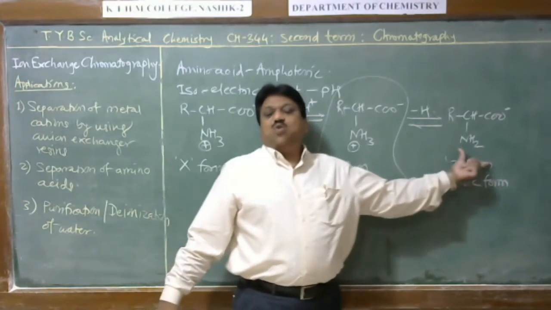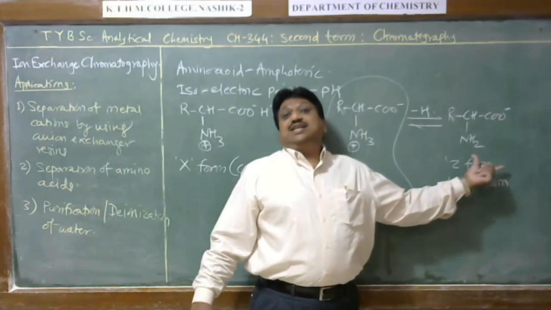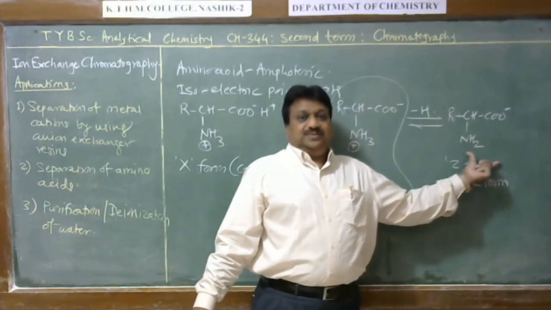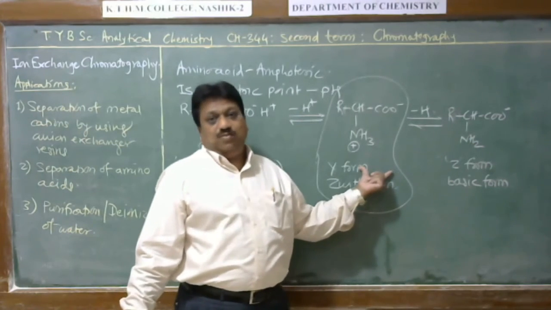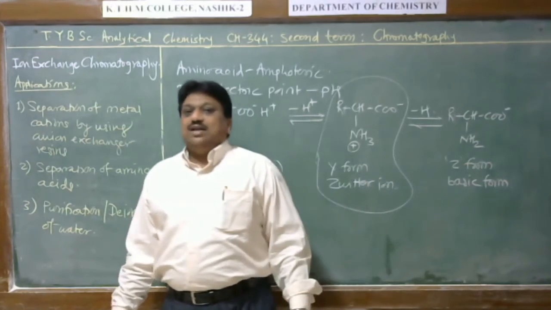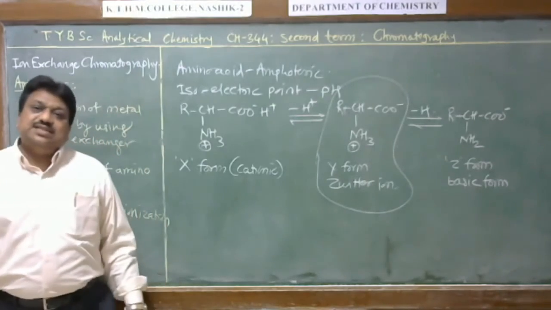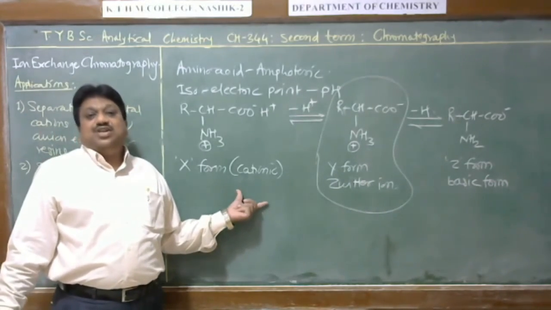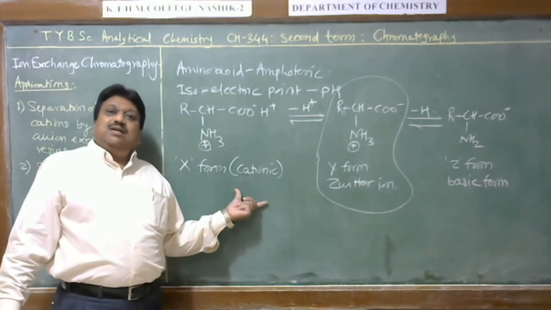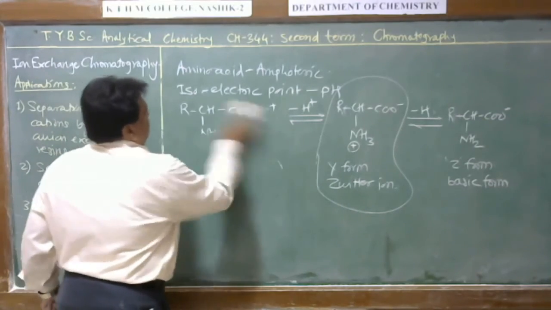Similarly here, if this form is present on an anion exchanger resin and we change the pH, it gets converted into cationic form or zwitter ion form. Therefore, once it is converted into cationic form, it will not be adsorbed on the anion exchanger resin. In this way, the elution process is carried out by changing the pH of the solution. In this way, amino acids are separated by using anion exchanger resin and cation exchanger resin.